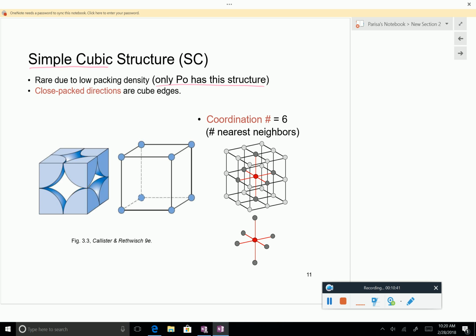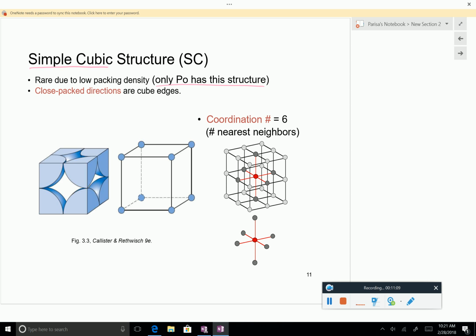Now, this is not as important as the next thing that I want to ask you. If someone asks you how many full atoms are inside this unit cell, what do you answer? To answer that question, you always have to look at this kind of schematic. That's more helpful. So the question is, this is the unit cell of simple cubic structure. How many whole, full atoms are inside?